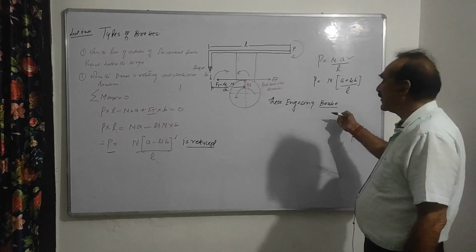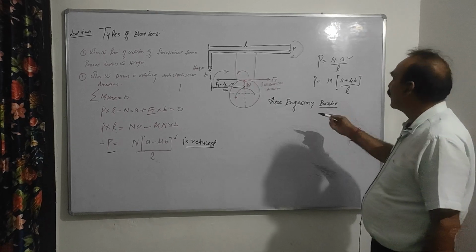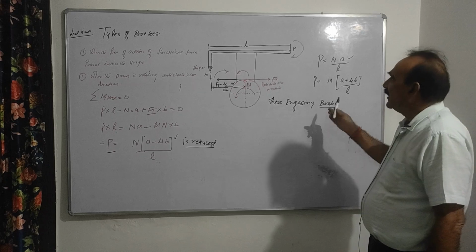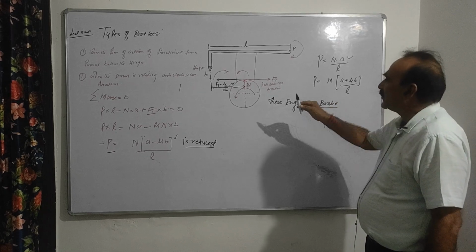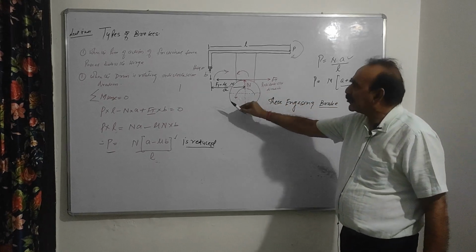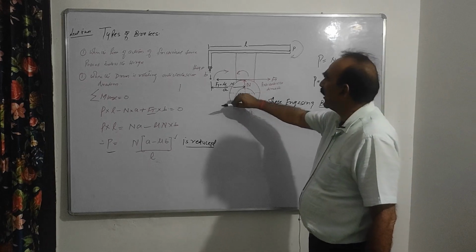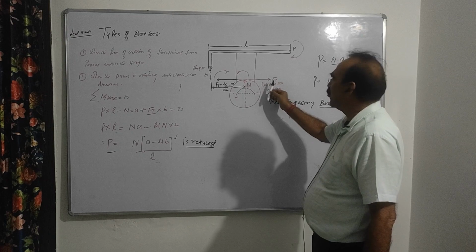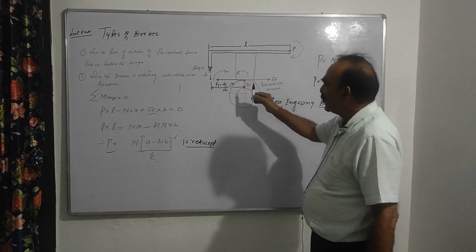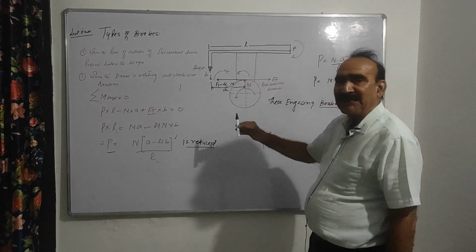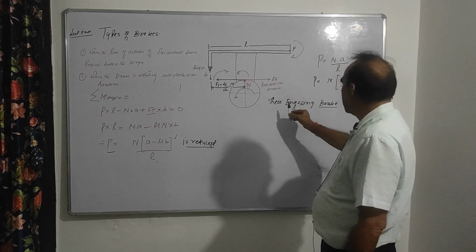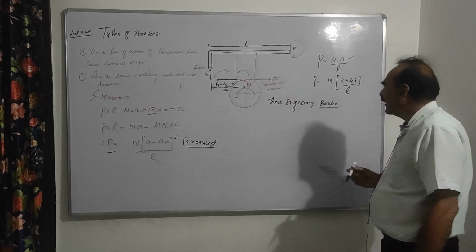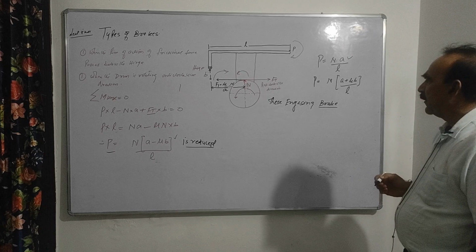Brakes are energizing means here you have to apply the minimum effort, because Ft is also rotating in the same direction and it is also helping P to apply the brake. So definitely the effort of P will be reduced. So these types of brakes are called the energizing brakes.